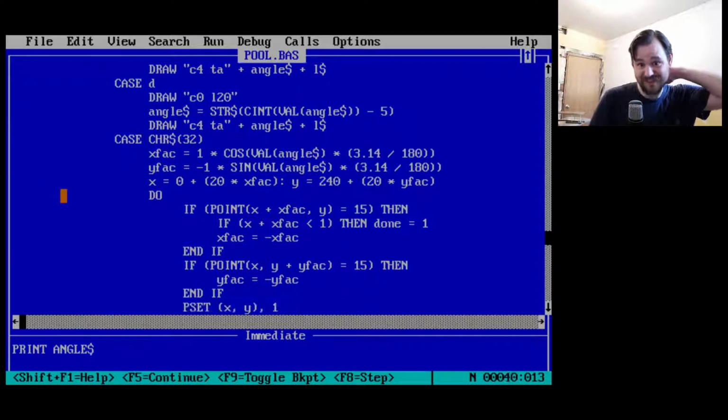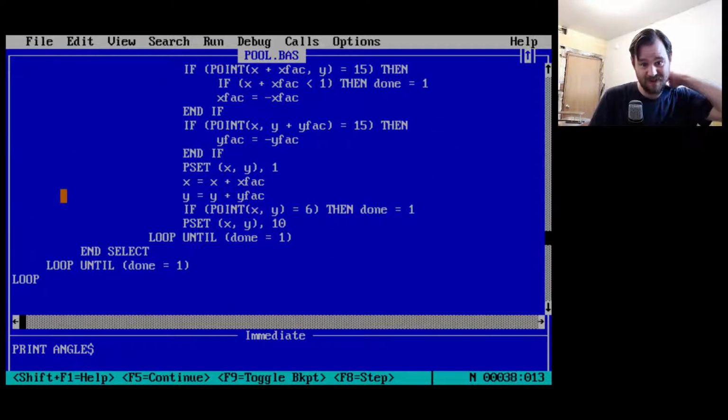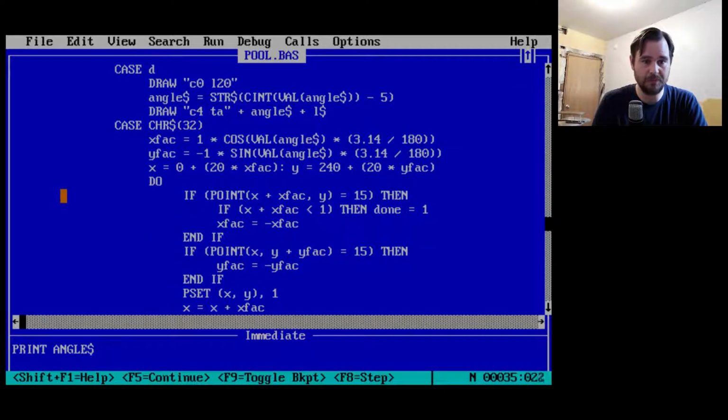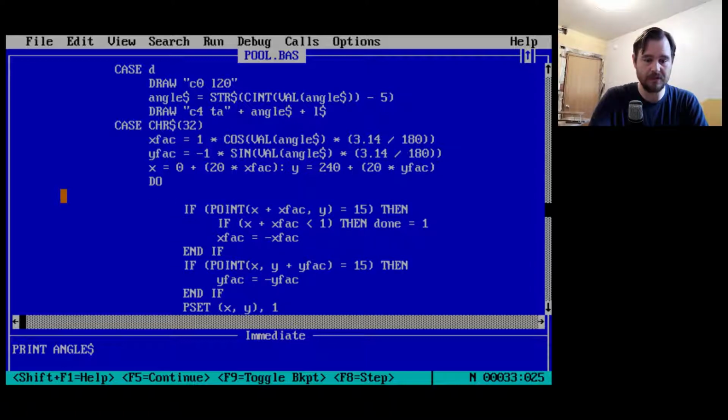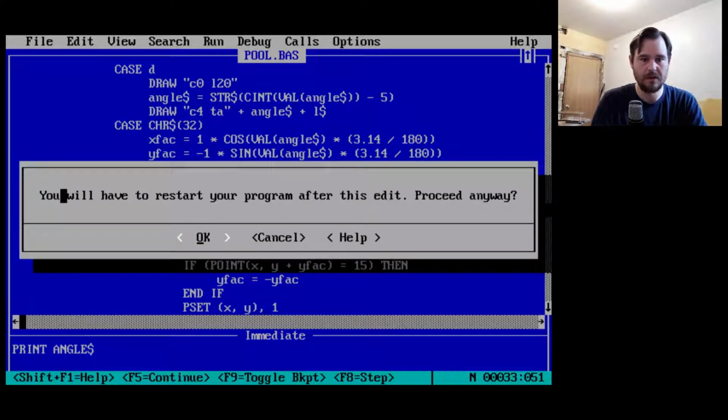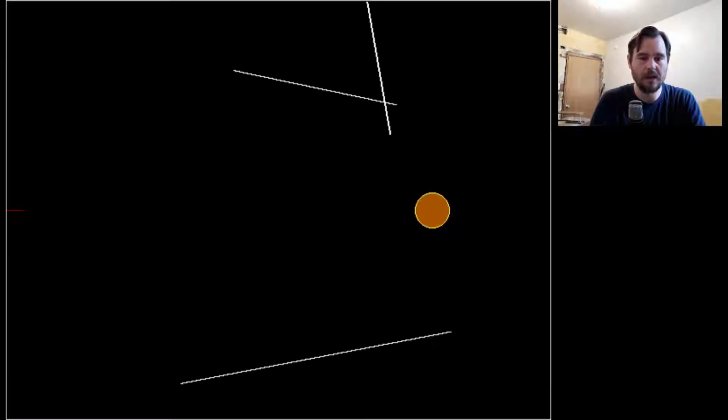I don't actually see a slowdown. Okay, let's put in a little bit of a slowdown here. Yes, okay. That is more like it.